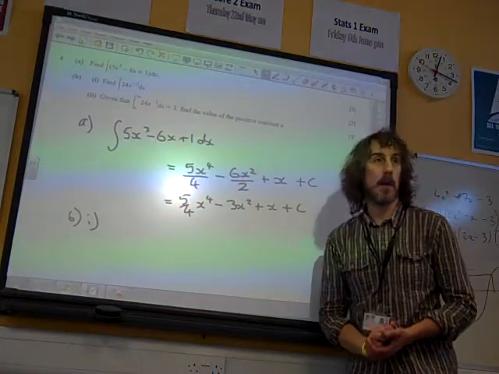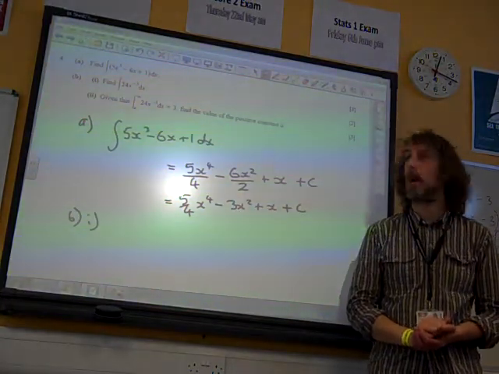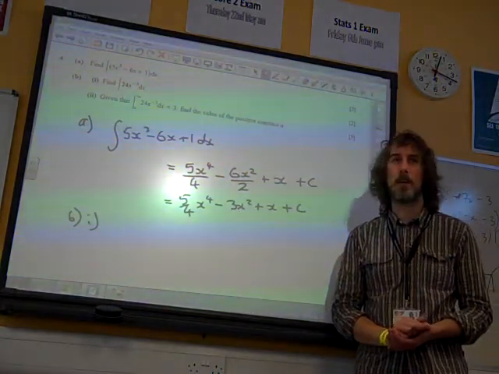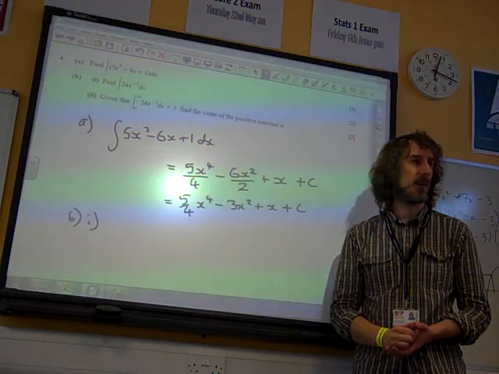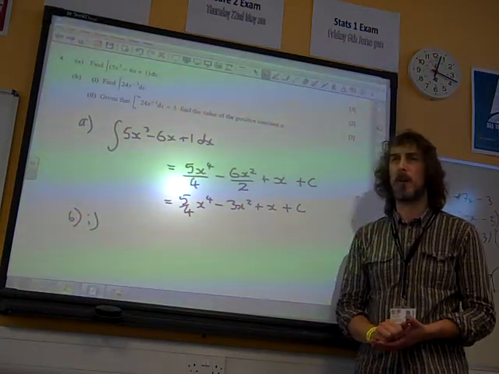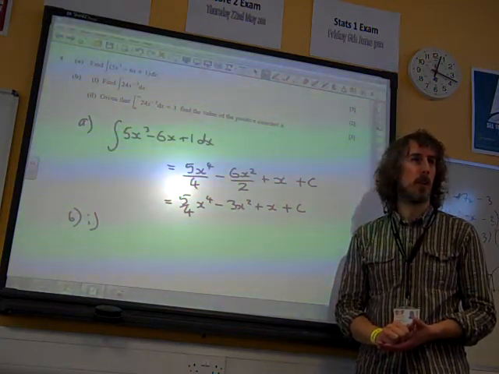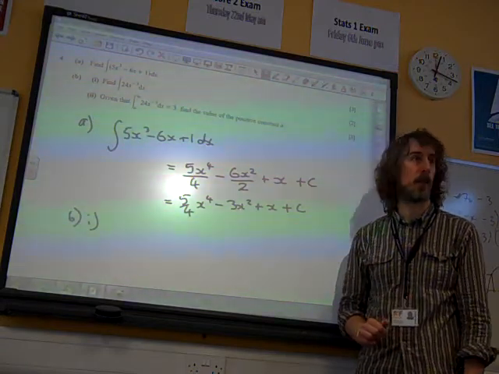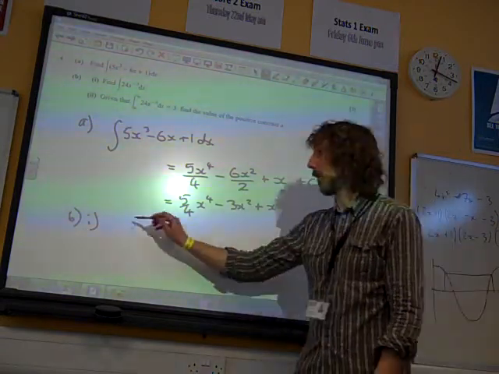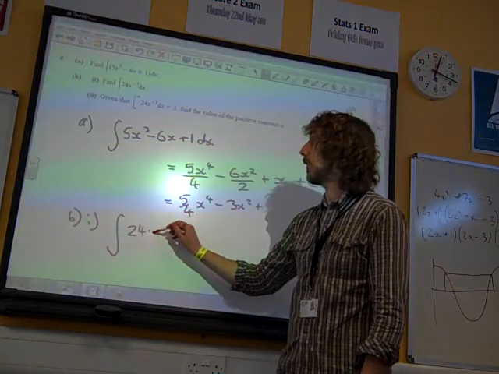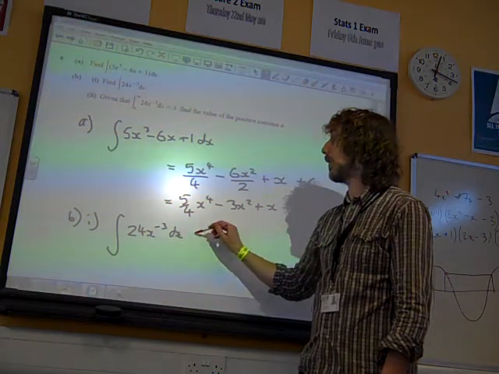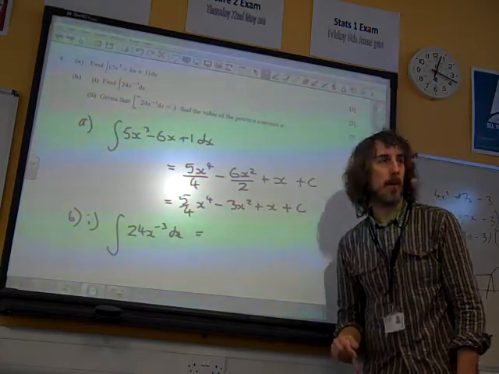Part B. Find the integral of 24x to the minus 3. I think they were quite kind here, because I might have been inclined to write this as 24 over x cubed, and make you turn it into 24x to the minus 3. But they were gentle and wrote it like that. So we add 1 to the power.